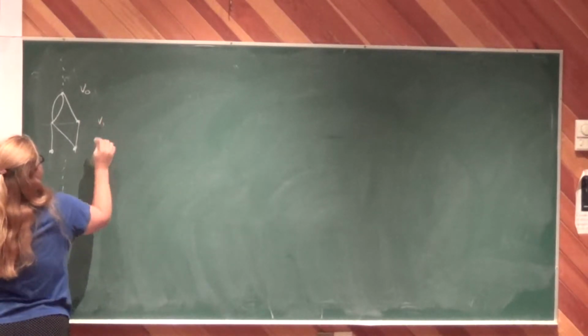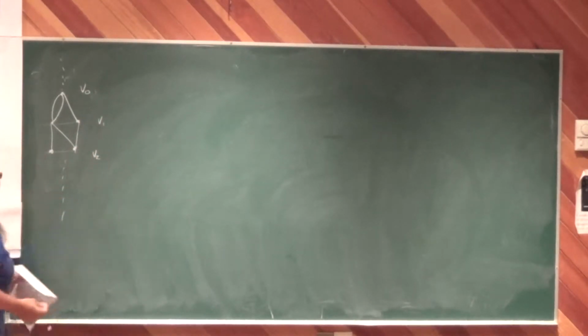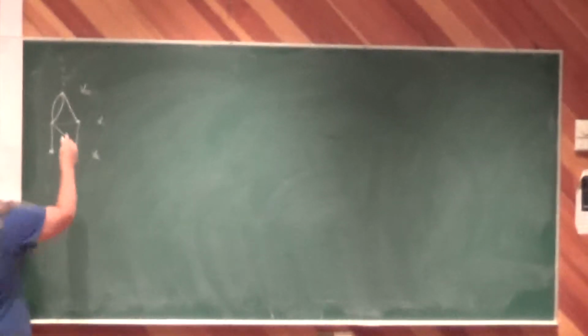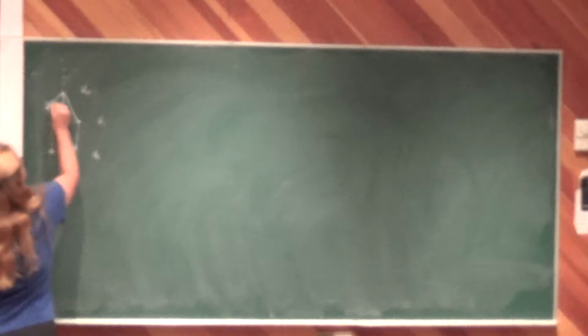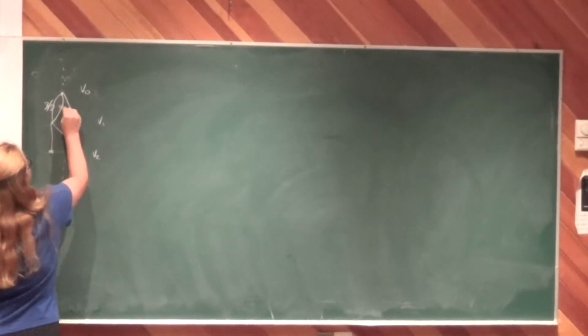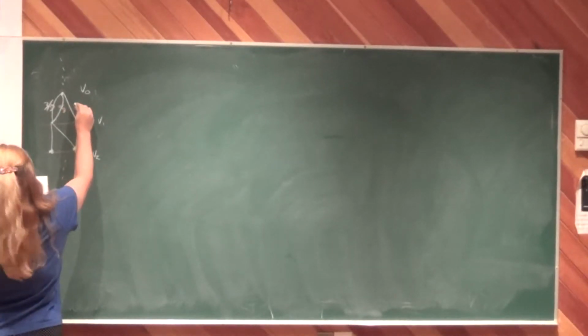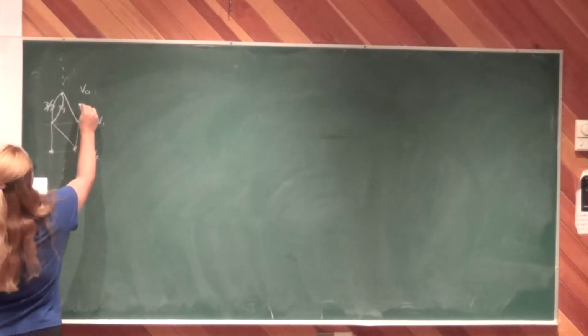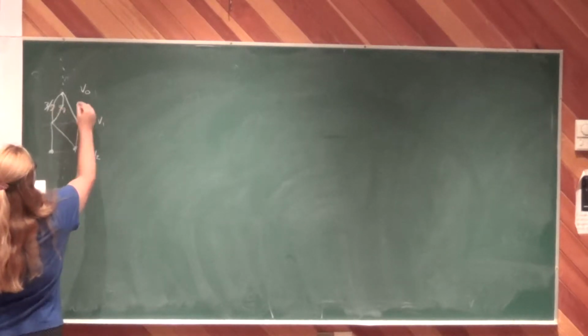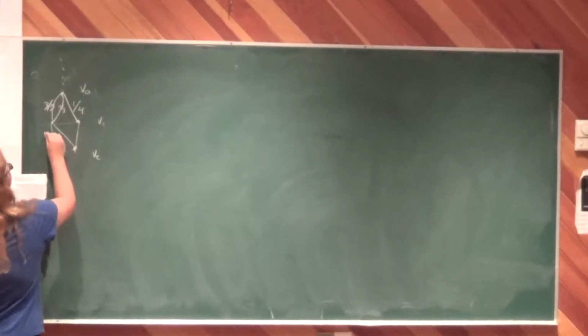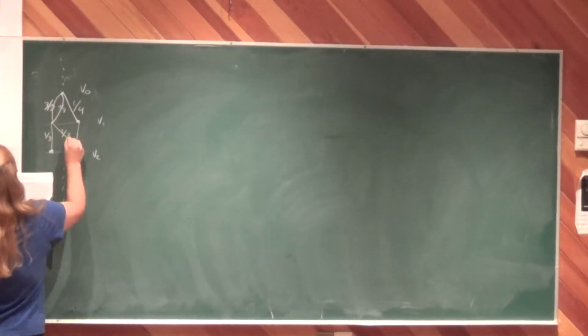These are the level V1 vertices, level V2 vertices. And I need to put some weight functions on these edges. My weight functions, at least for this little segment, are going to be 3/8, 3/8, and 1/4, which adds up to 1. Then 1/4, 1/3, 2/3, and 1.